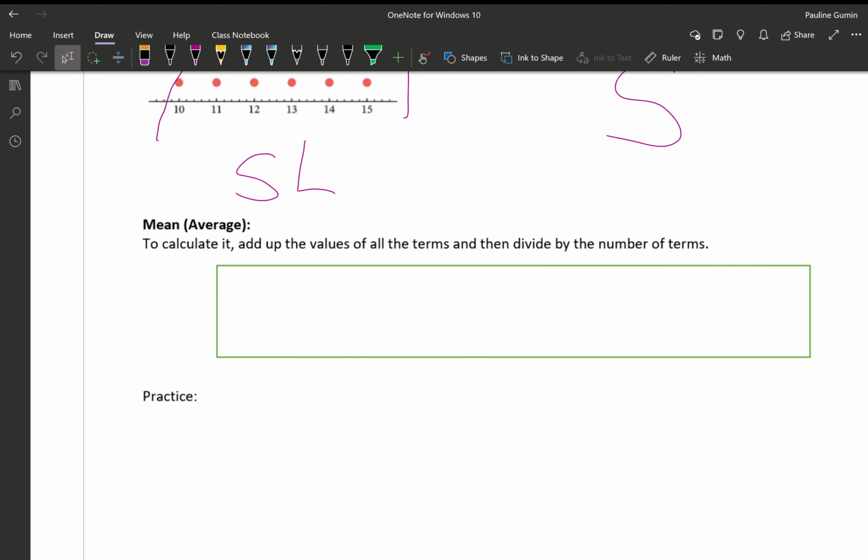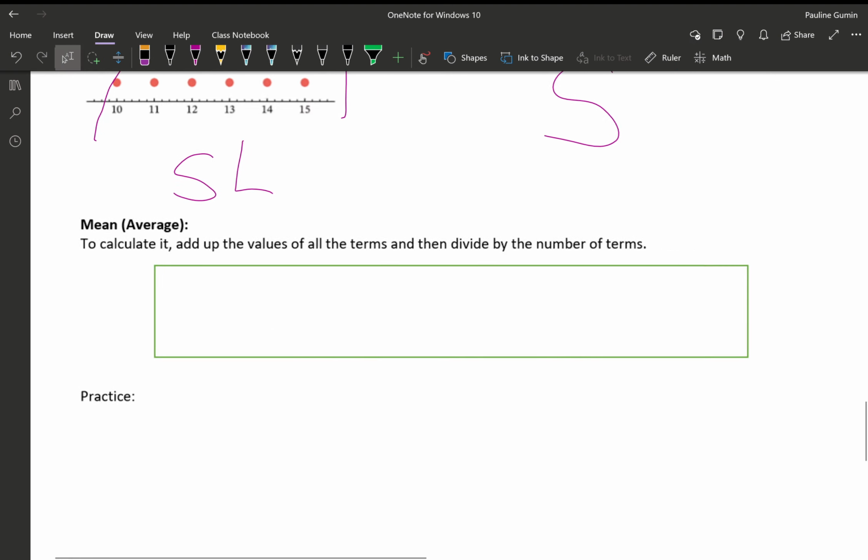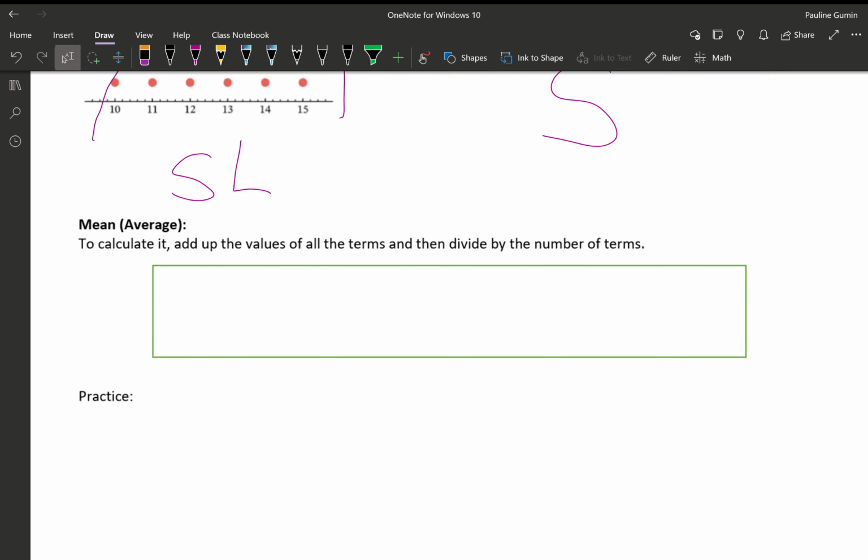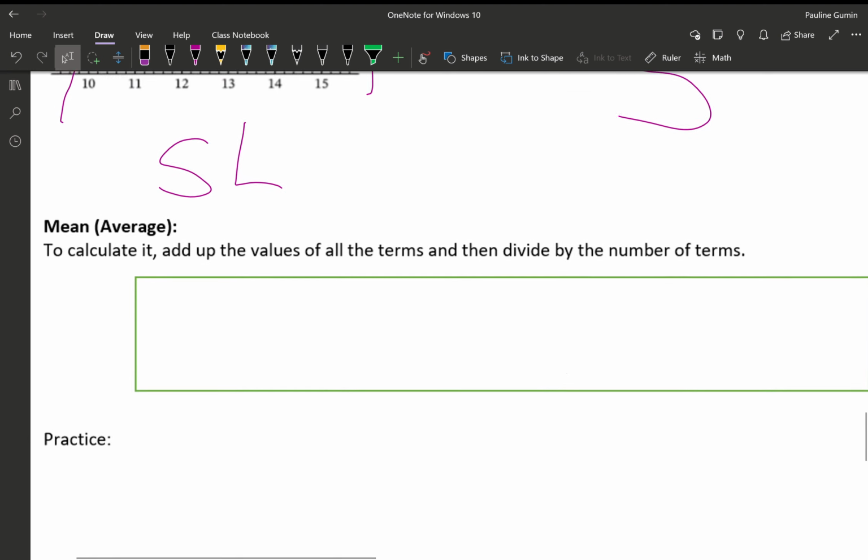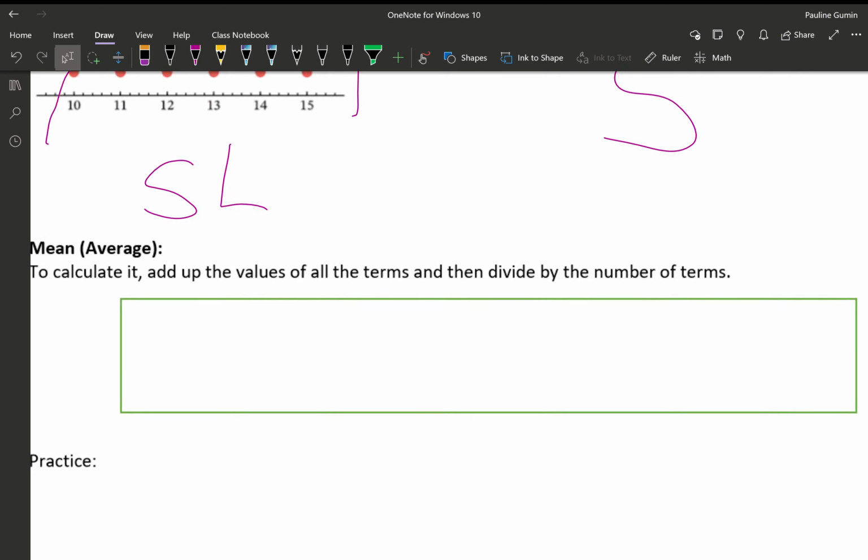Lastly, what we need to do is the mean. We are going to do the practice in class altogether, but the mean is the average, and in order to calculate it, we add up all the terms and divide it by the number of terms. Here's the official symbols for it. Mean is represented with an x with a little line on top of it.